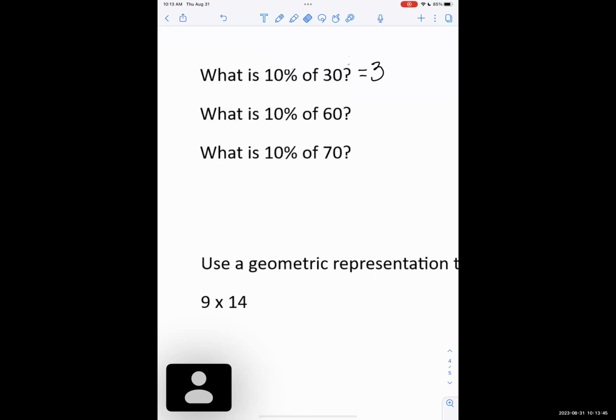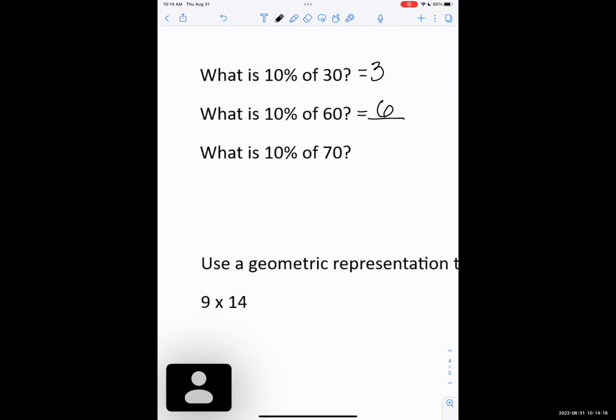Now, without plugging it into your calculator, if 10% of 30 is 3, how much is 10% of 60? Yeah, anyone else? 6.